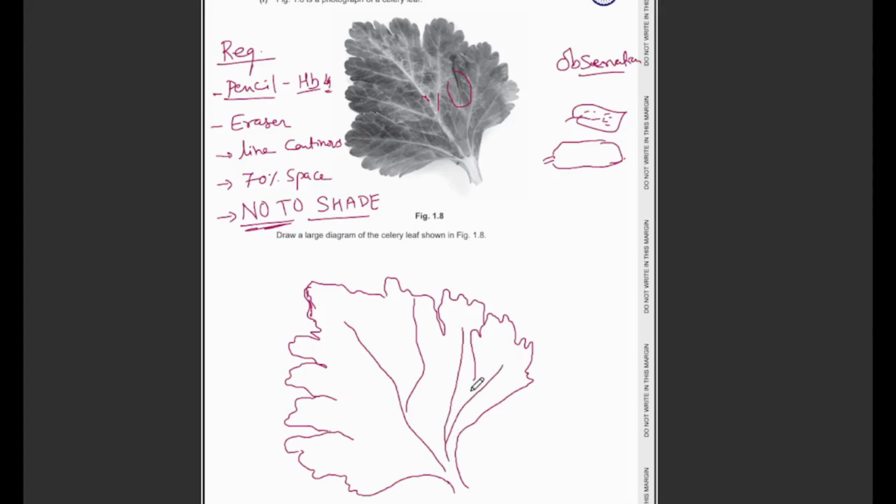Next vein is from this part of petiole, moves to this end, one more is on the next leaf, and let's see how far we can give. Right, these are the veins. Fine, these are the veins from the petiole, so all are in the same way.